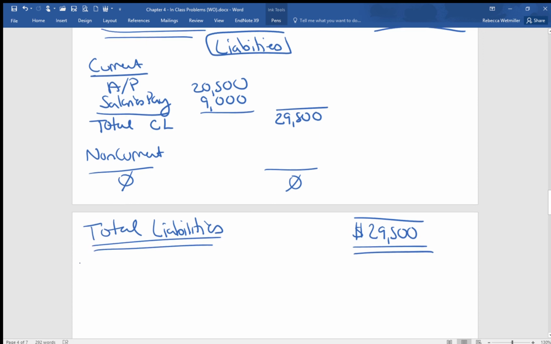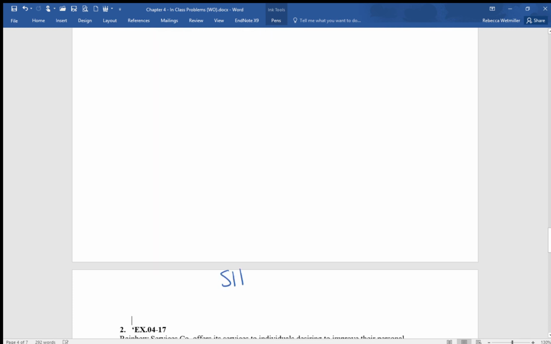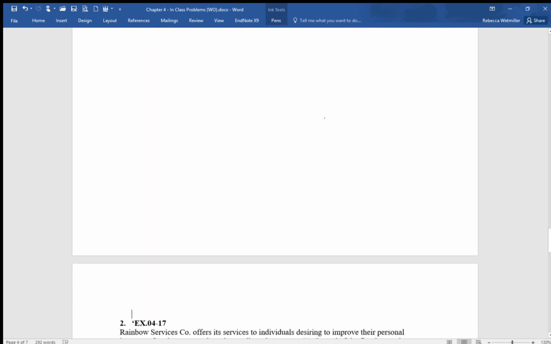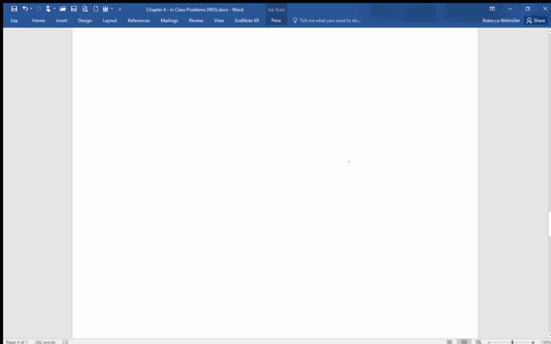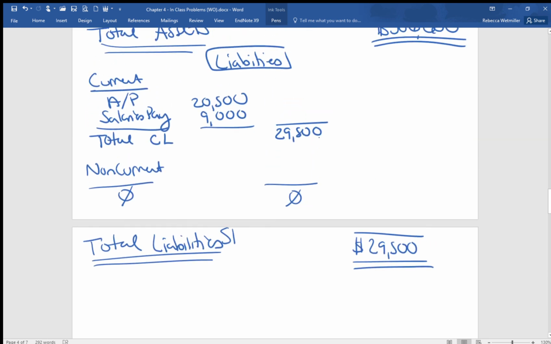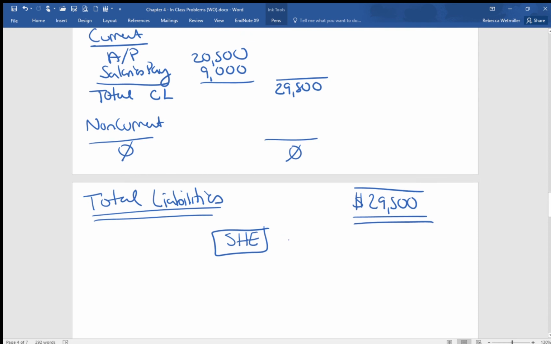All right, and then my last section is my stockholders' equity section. So if we look to our adjusted trial balance, we see that we have common stock outstanding of $75,000.